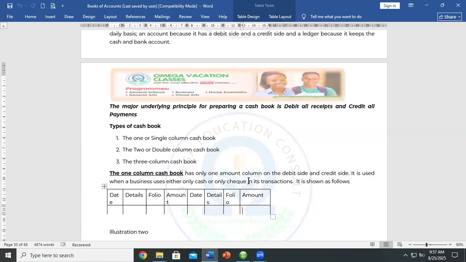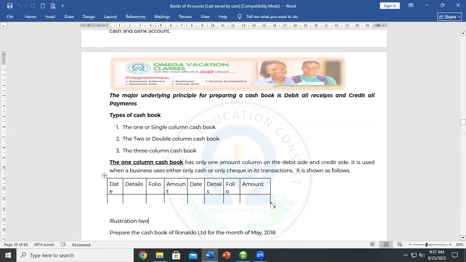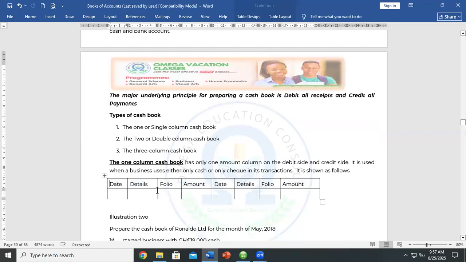So this is the format of the single column cash book. As I told you, the cash book has a debit side and a credit side, right? As usual, the left side is the debit side where you have your date, details, folio, and amount. Again, we would ignore the folio since I've hinted you about this.